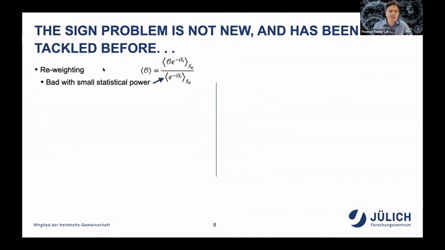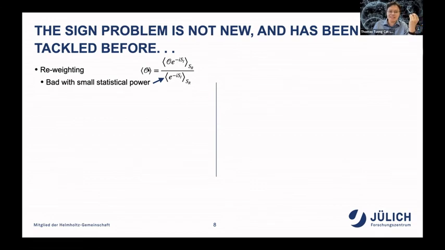Okay, so reweighting is quite simple to understand. You want to calculate some expectation value, some observable, in the presence of an imaginary action or an action that has a complex phase. What one does is one reweights that observable with that phase, and one calculates the expectation value using the real part of the action as a distribution. Now, that's not the original observable that we're trying to calculate.